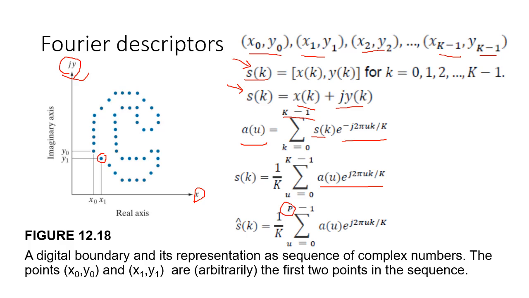And the nice thing about representing with fewer coefficients, let's say P coefficients which is less than K, is that we can represent the object with fewer numbers, which means that the storage required to store the object is less, and moreover the computational time to match objects represented using Fourier descriptors is also less.